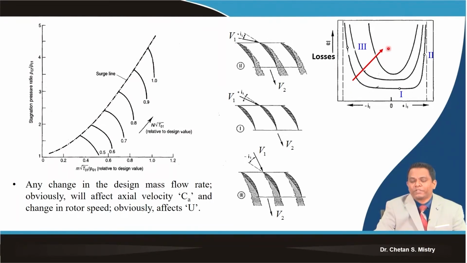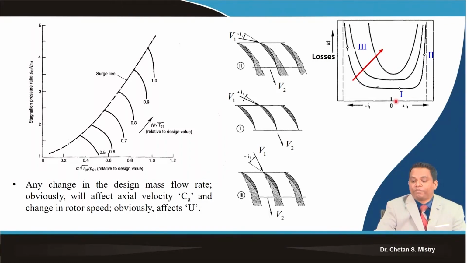Now this represents when I am changing my operating condition, say mass flow rate or peripheral speed. With a change away from the design condition, blades will become very sensitive.